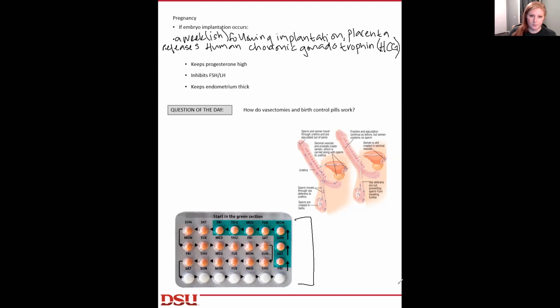the body. Okay, so we already know, based off of what we've just gone over, what estrogen and progesterone both do, and the inhibitory effects that they have on other hormones, the stimulating effects they have on the body. And so by regulating these hormones with a pill, you're telling your body how the cycle is going to go. You're telling it, this is how it's going to work.